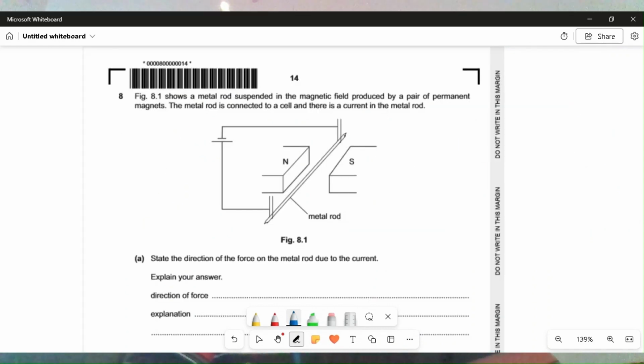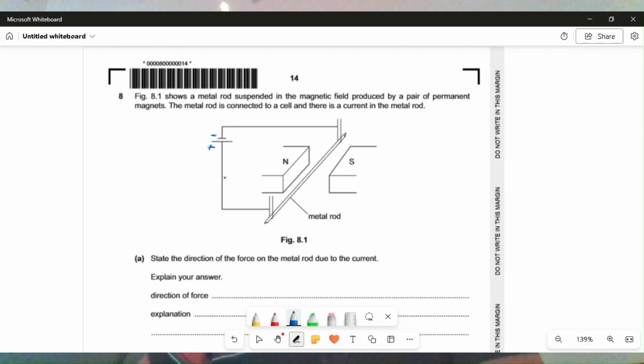Question number 8. Figure 8.1 shows a metal rod suspended in a magnetic field produced by a pair of permanent magnets, this is north and south permanent magnet. The metal rod is connected to the cell and there is a current in the metal rod. From the cell, this is the positive terminal and this is the negative terminal.